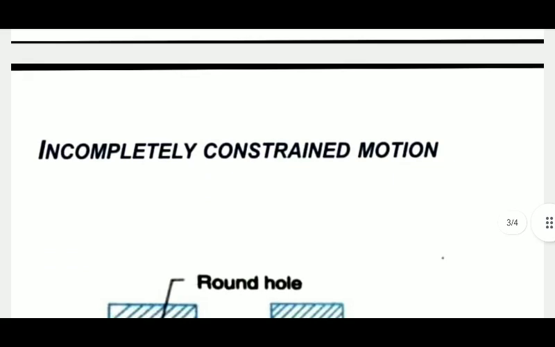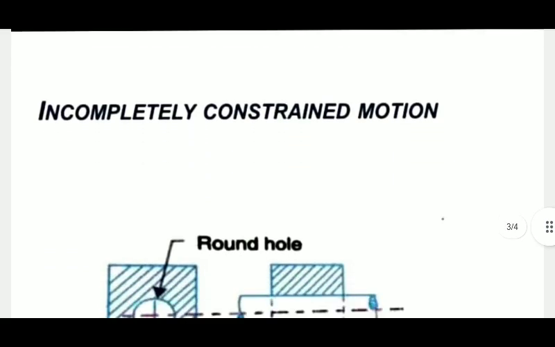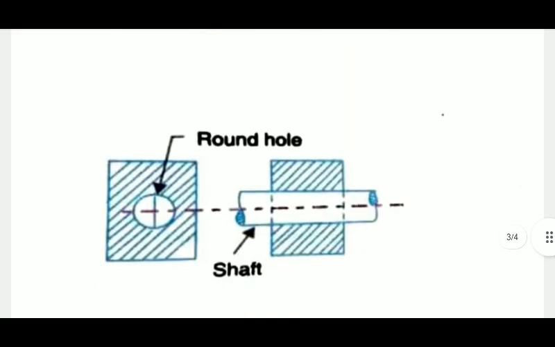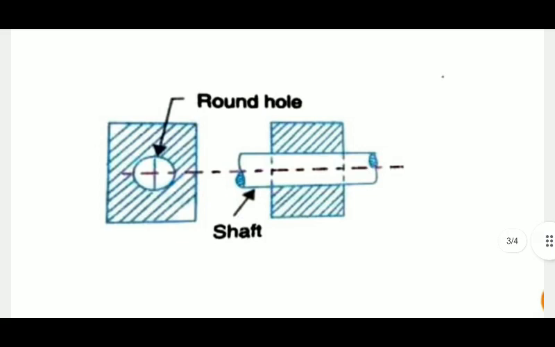Then we will discuss incompletely constrained motion. You can see this figure. On the left hand side there is a round hole, and on the right hand side there is a shaft which enters into this round hole.